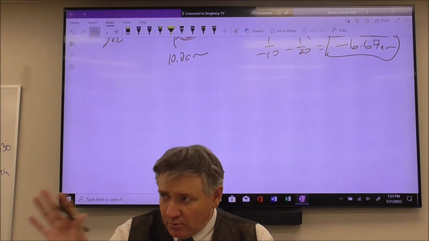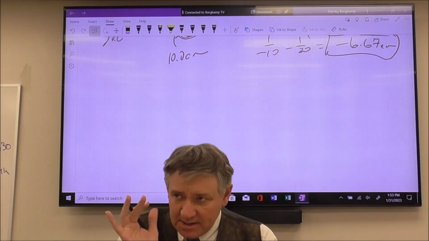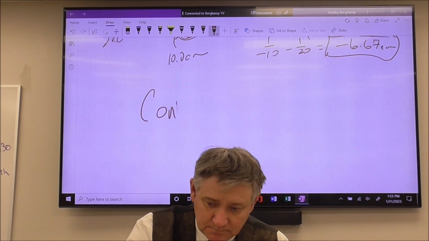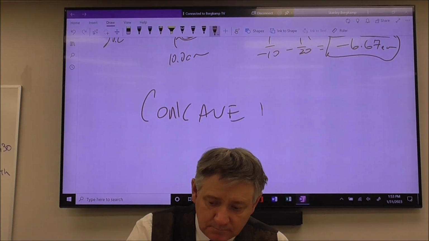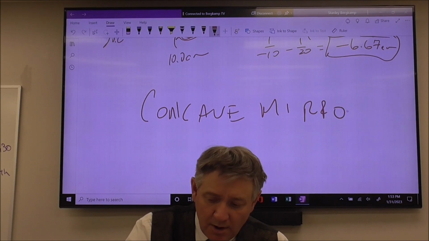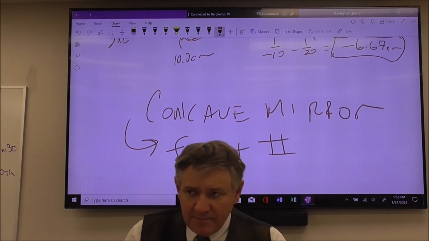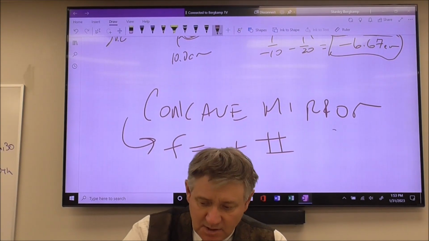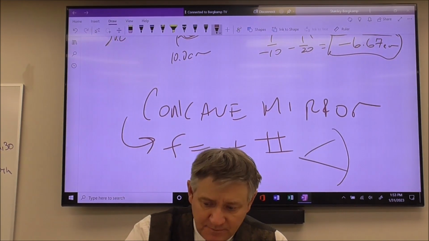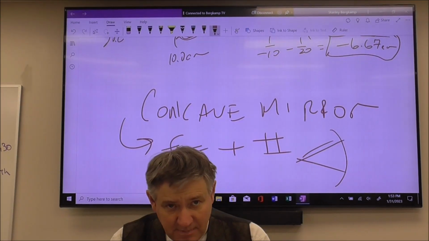But no matter what, no matter where you are, the focal length is always going to be a positive number because it's always going to take that light and try and focus it back together.